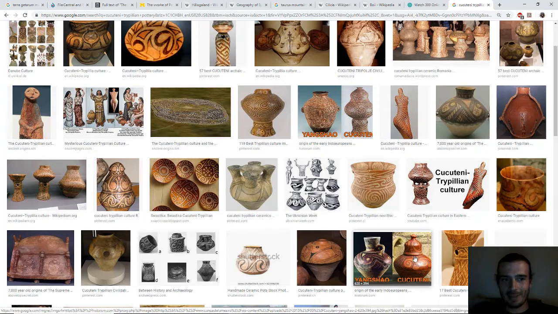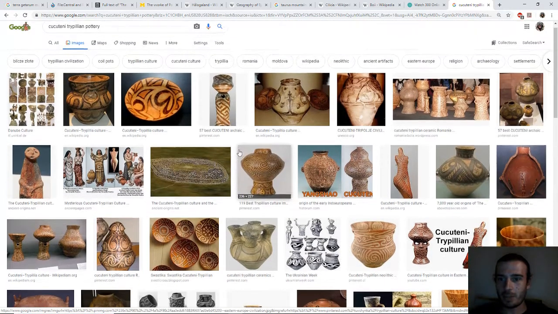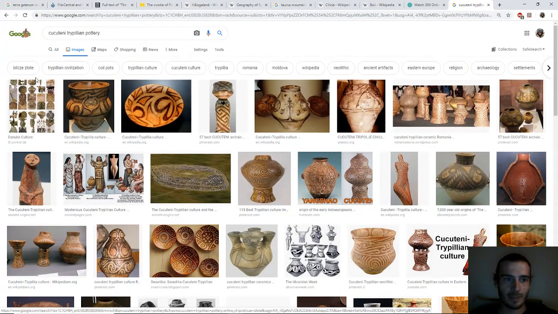And because they started their migrations from the same source, that is why the earliest pottery looks very similar, regardless of where we are in the world.